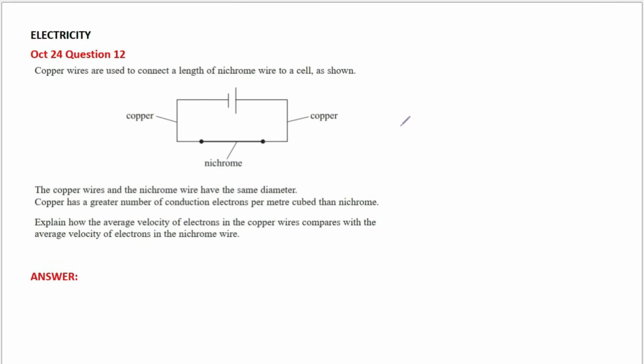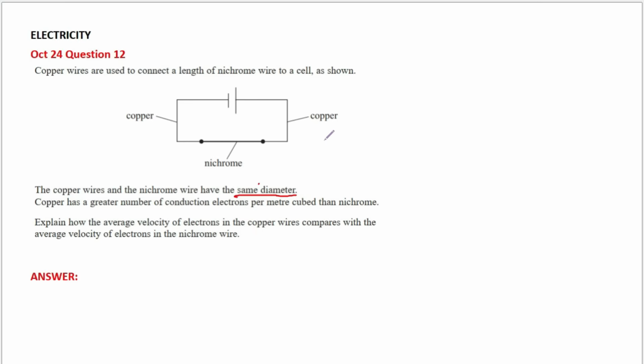Next. This is a very interesting question. From October 24, question 12. Copper wires are used to connect a length of nichrome wire to a cell as shown. The copper wire and the nichrome wire have the same diameter. Important point to address is they have the same diameter.